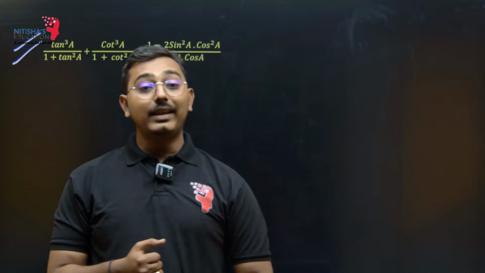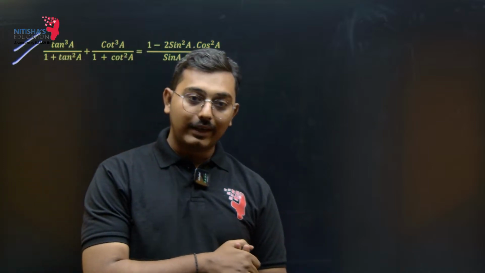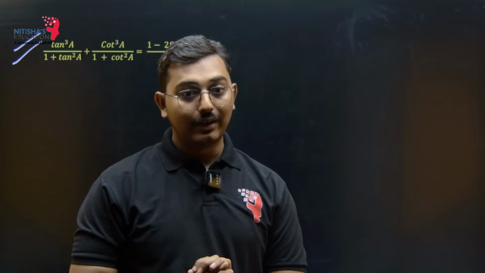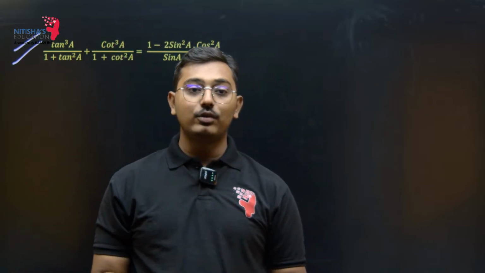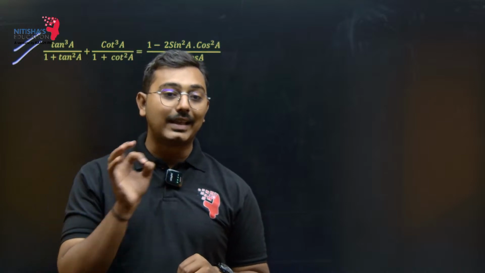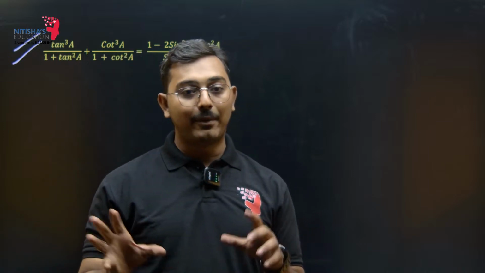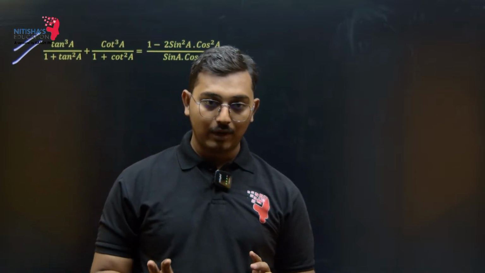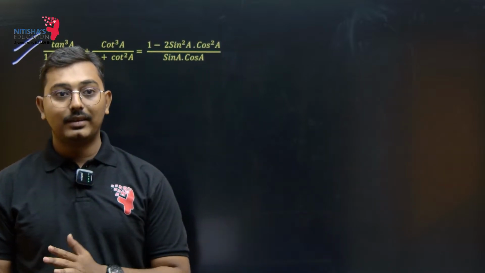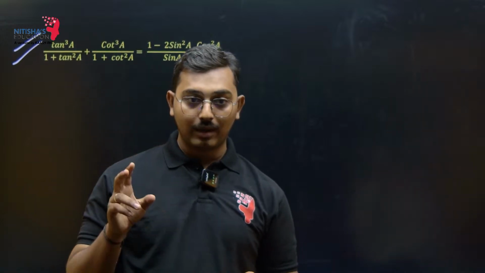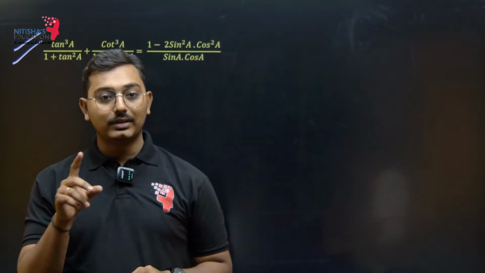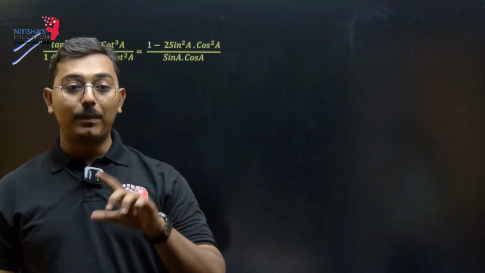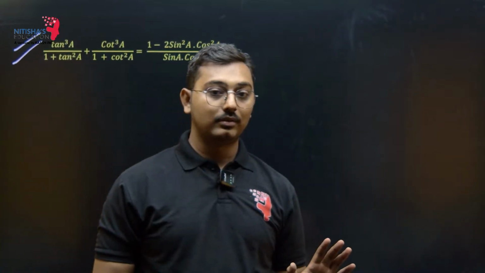Then the values of the trigonometric ratios: you do not need to remember all the values, you just need to find the value of sine theta, and with its help you will be able to find the other 5 trigonometric values. And the last thing is the relation between sine, cos, tan, cot, cosec and sec, if theta is complementary with theta dash.